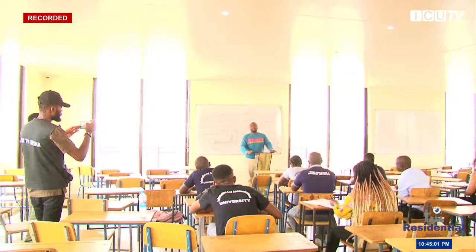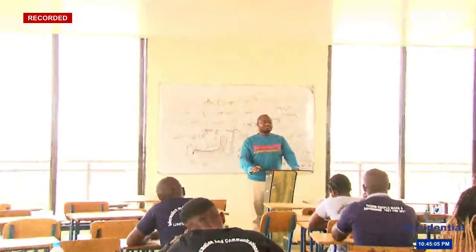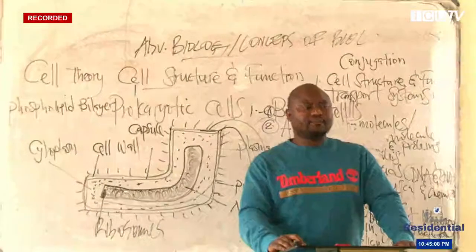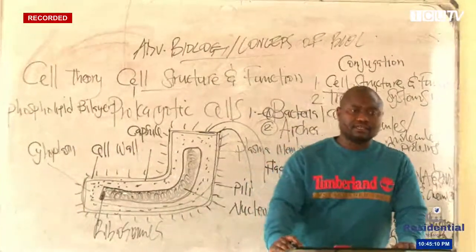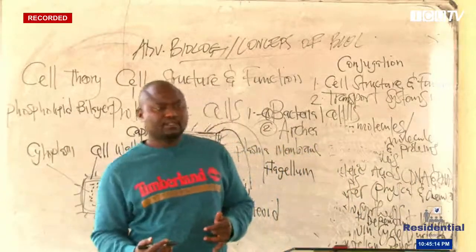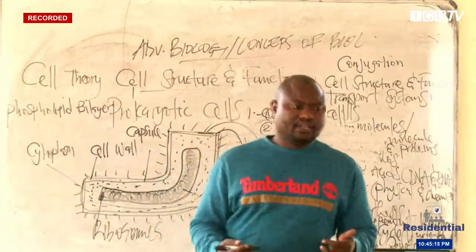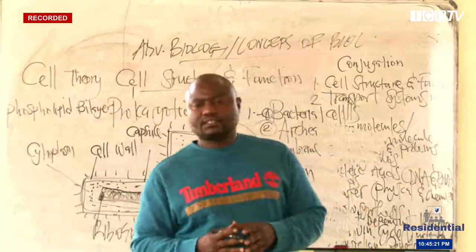The function of the ribosome is simple. The function of the ribosomes is protein synthesis. It takes amino acids and translates them into proteins. So it builds up the proteins.